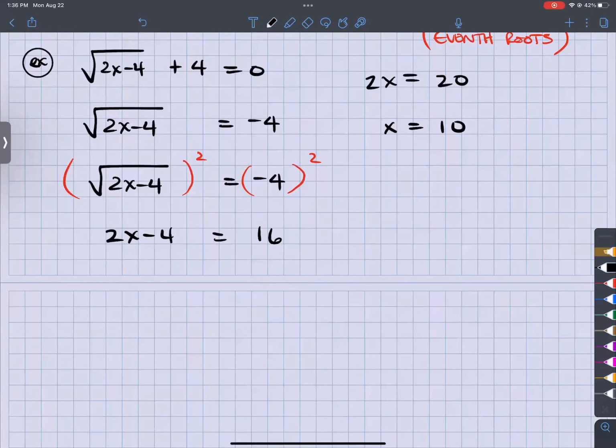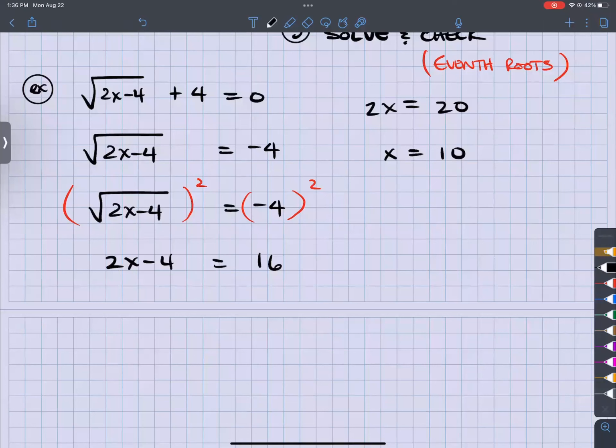Do I need to check this? Yes. Because the root or index is actually 2 here. So we do need to check. And anytime I check this, I always need to check with the original. I already know the answer to this.